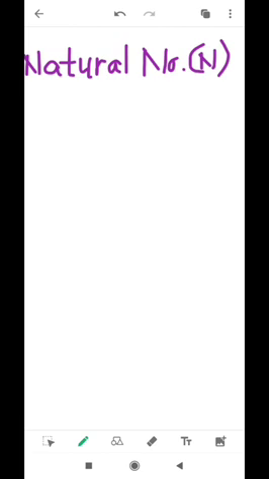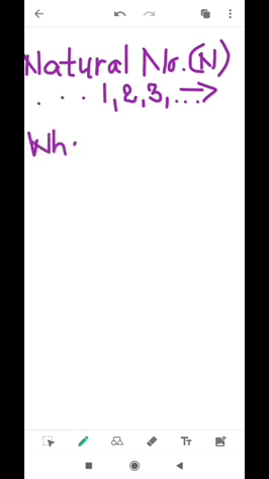You will start with 1. 1, 2, 3. If I will ask you to count these dots on the screen, then how will you start? 1, 2, 3. So what do we mean by natural numbers? Natural numbers means the numbers which start from 1. 1, 2, 3 up to infinite. Infinite in this direction means it is endless.